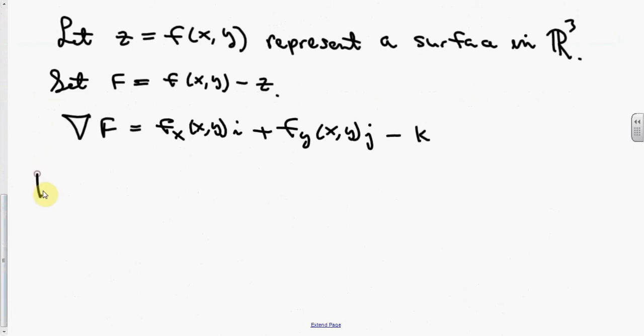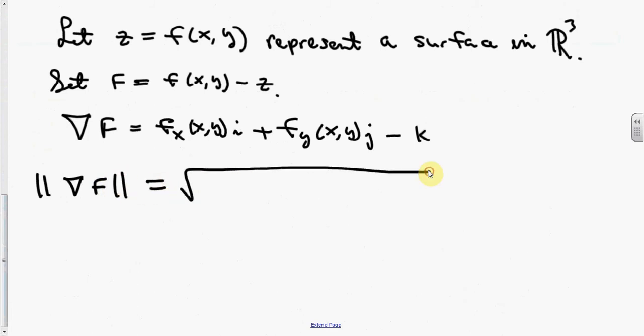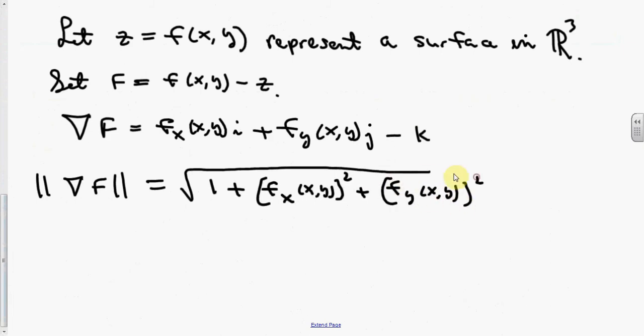If I take the magnitude of its gradient, I get the square root. I'm going to go ahead and deal with this negative 1 to be squared. That just gives me 1 plus the partial of f with respect to x at the point x, y squared, plus the partial of f with respect to y at x, y squared.